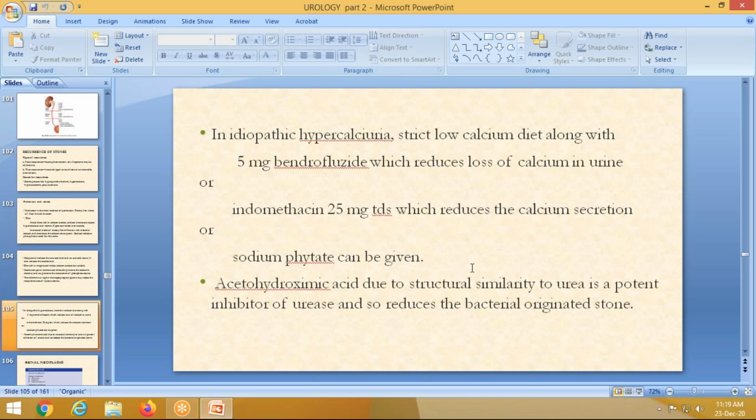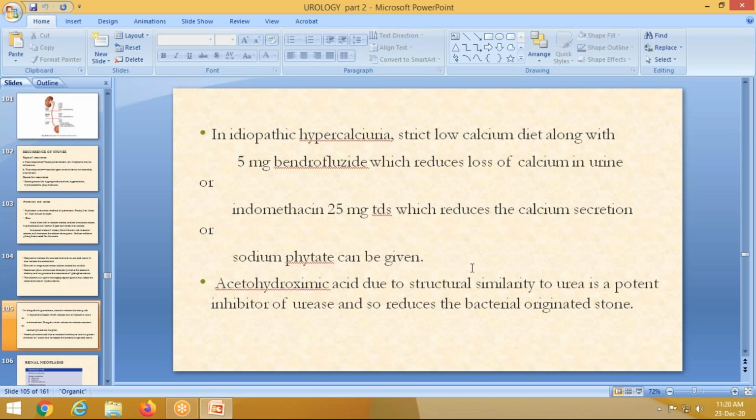It can also be prevented by giving fluoride, 5 milligrams. Similarly, you should give indomethacin to reduce calcium secretion. And sodium phytate can be given to reduce calcium formation.